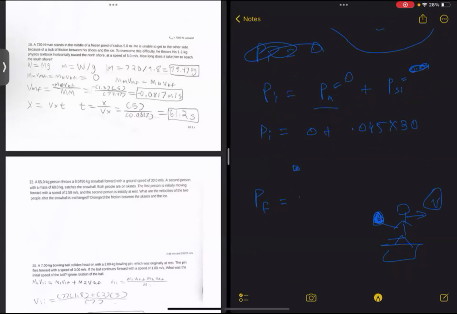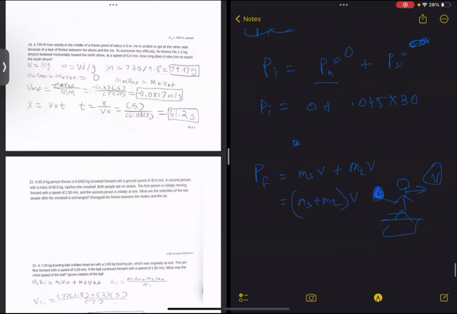Mass of the snowball multiplied by velocity of the snowball plus mass of the second man multiplied by velocity of the second man. And will the velocity of the second man and the velocity of the ball be the same in the final case? Yes. So this can be written as (ms + m2) multiplied by v.